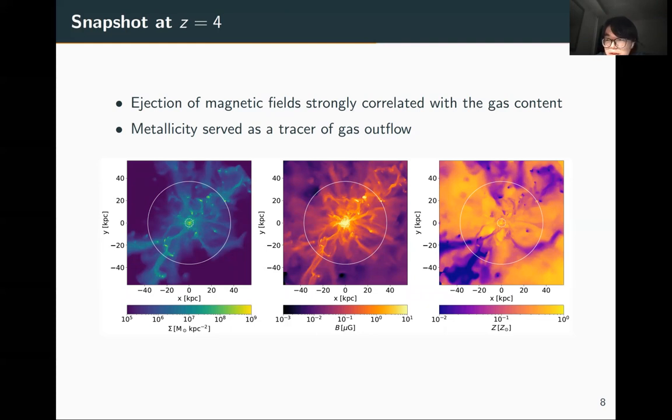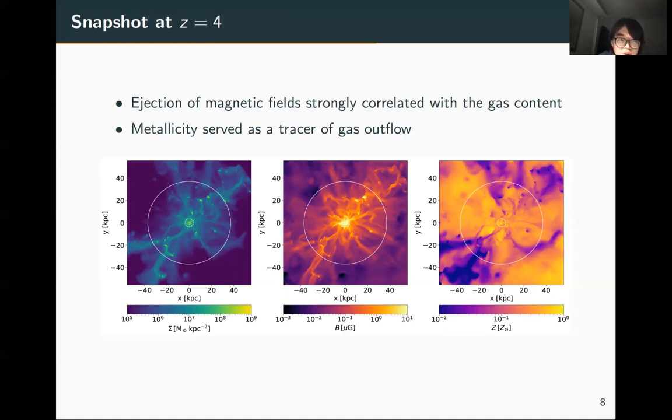The field strength drops from 100 microgauss in the center to 1 microgauss in the halo. The value is greater than a typical galaxy at lower redshift because the turbulence is higher and the outflows are much stronger at high redshift. The metallicity plot confirms that the halo magnetic field comes from the metal-enriched materials in the outflows.